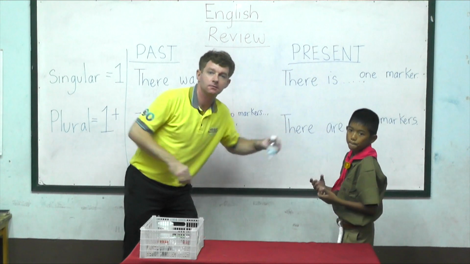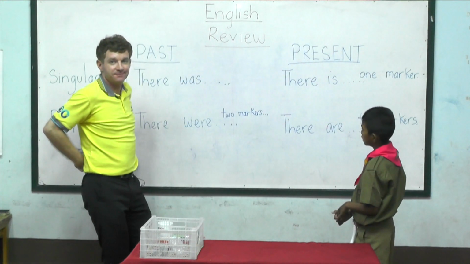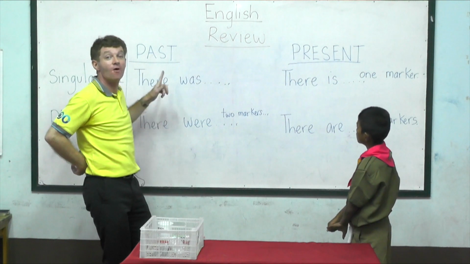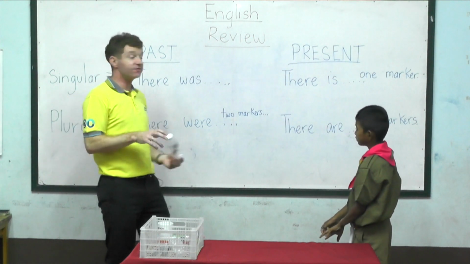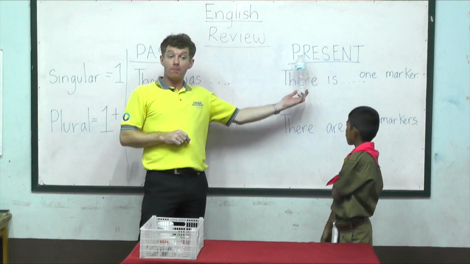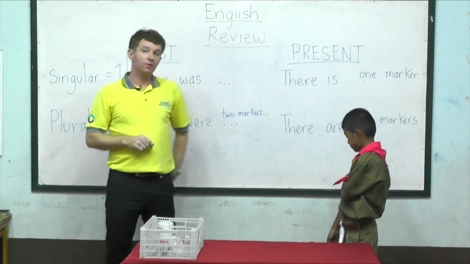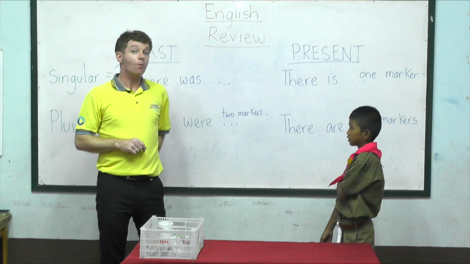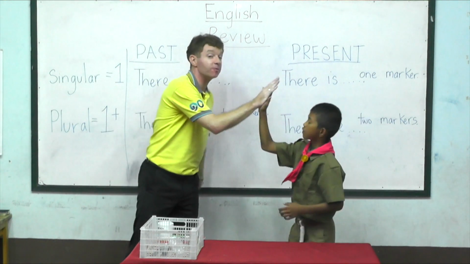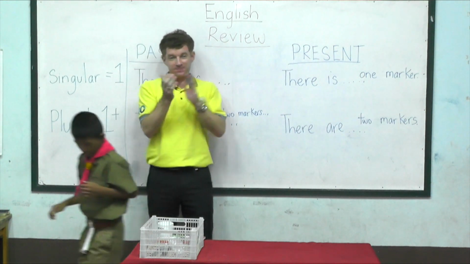Wait a minute. There was 1. Past tense, there was 1 bottle. Altogether, there is 1 bottle. There was 1 bottle. Pat, excellent. Big round of applause for Pat, guys.